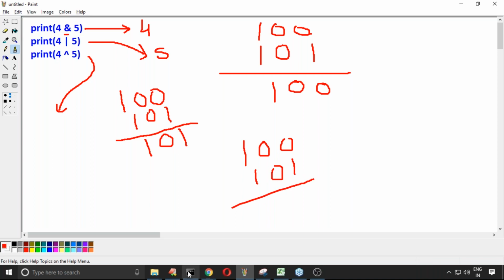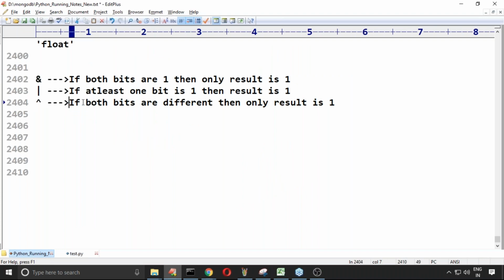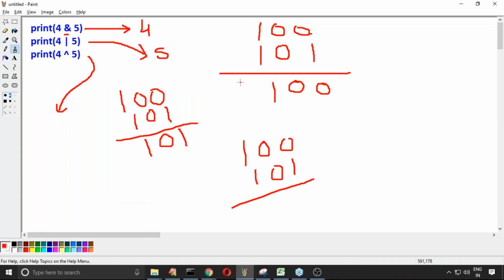Now observe, in the XOR case, when do we get 1? If both the bits are different, then only the result is 1. If both the bits are the same, then the result is 0. Remember carefully, exclusive OR.